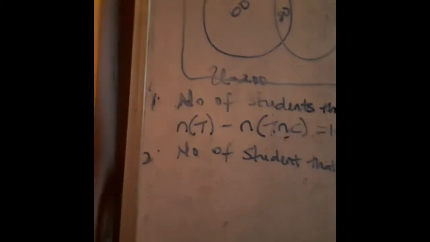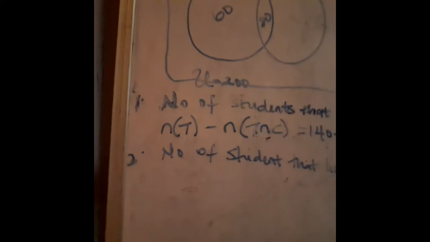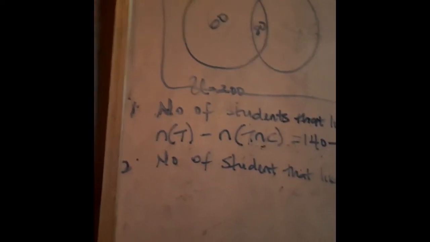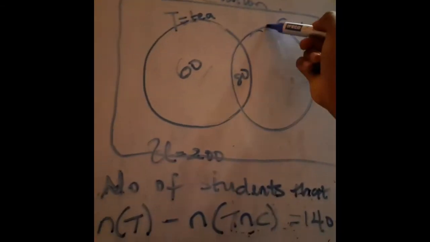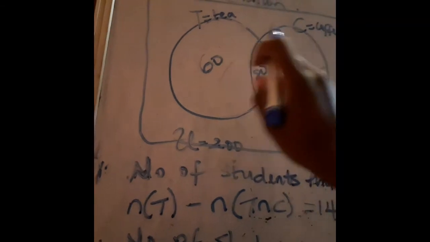The same thing we did. The number of students that like coffee is 120. Our coffee here is 120, and I told you even this 80 is included in that coffee, because we don't know the number of students that like only coffee, but the total number of students here is 120, and we have taken 80 as the intersection of both.